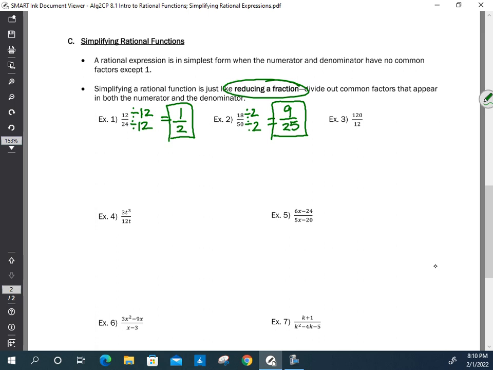And we'll look at one more of just numbers. 120 over 12. You can divide the top and the bottom by 12. 120 divided by 12 is 10. 12 divided by 12 is 1. So you have 10 over 1. But anything divided by 1 is itself.